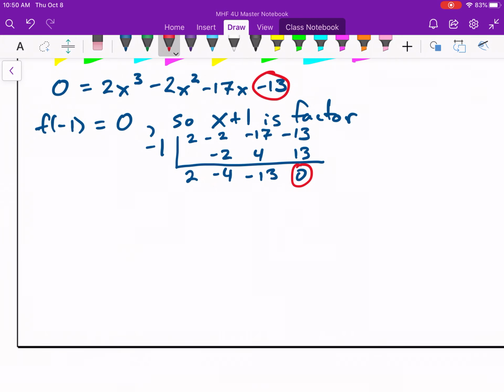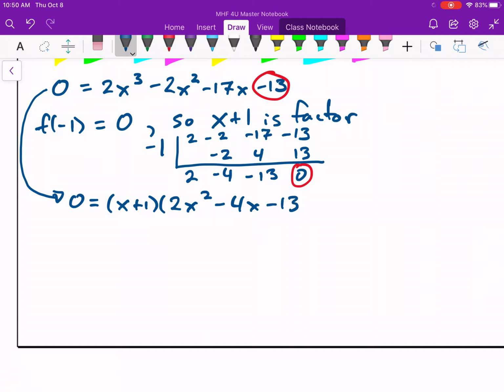That means that if I were to just jump down to the next step here, I got my first factor, which is x plus 1, and then if I multiply that by 2x squared minus 4x minus 13, then it's going to be equivalent to what I started with. 2x cubed minus 2x squared minus 17x minus 13. And then I go on from there, right?